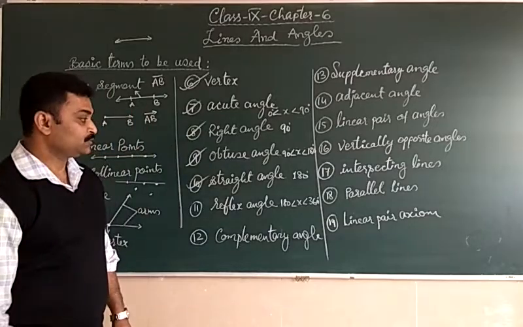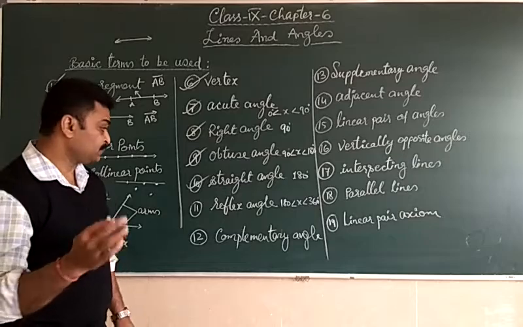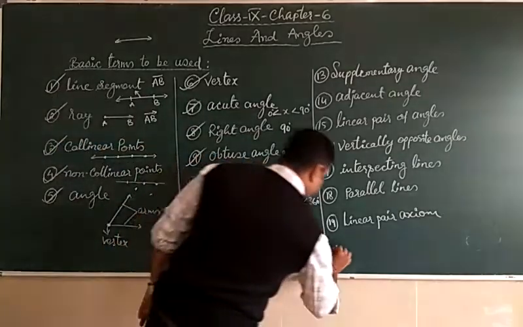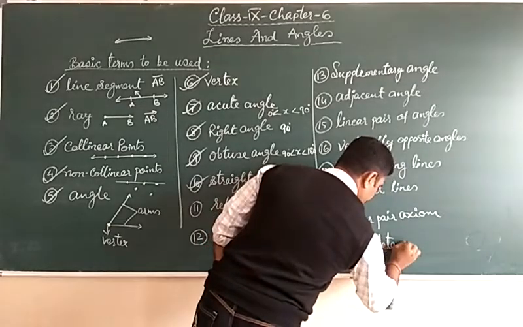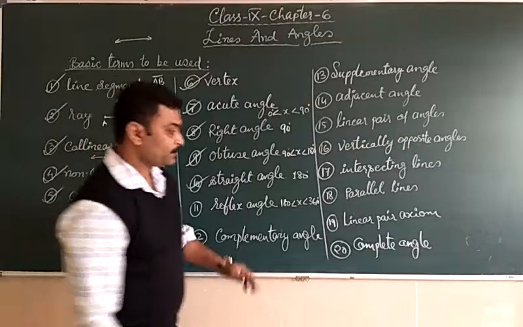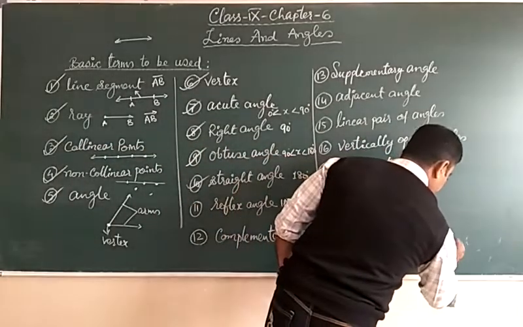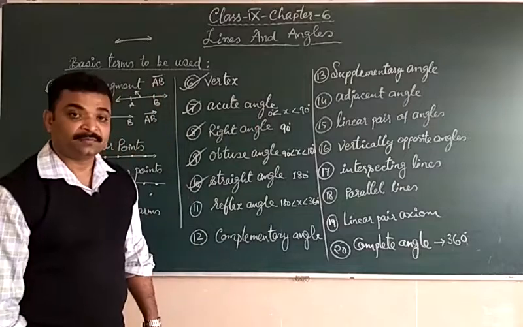One more thing you can say, complete angle. What is a complete angle? A complete angle is an angle which measures exactly 360 degrees.